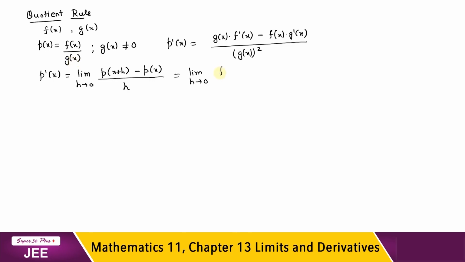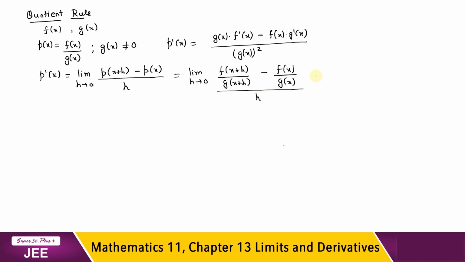So this becomes f of x plus h divided by g of x plus h, minus p of x, which is given to us as f of x divided by g of x, and this is whole divided by h.